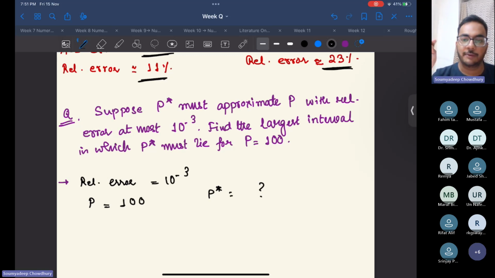So I'll just describe for the students how we can find it out. P equals to 100 is given and for P star, they have asked in the question to find the interval, right? So how can you find the interval? Any suggestions, anyone from the students? How can you go about solving this problem?